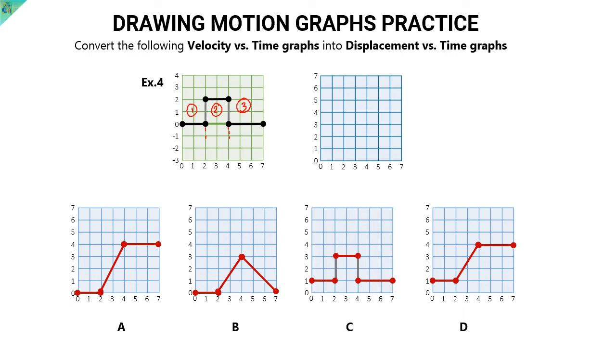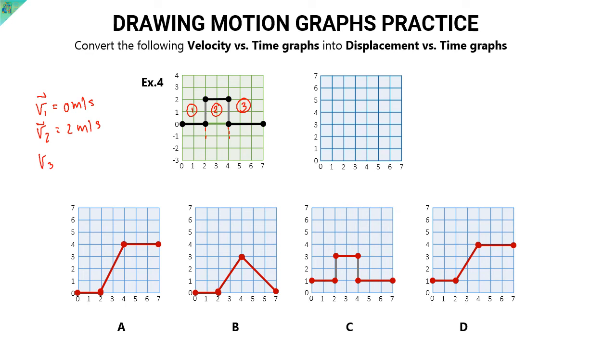For our first situation, as we can see here, we have a velocity of 0 meters per second. Meanwhile, on our second situation, it increases into 2 meters per second. So gumalaw.